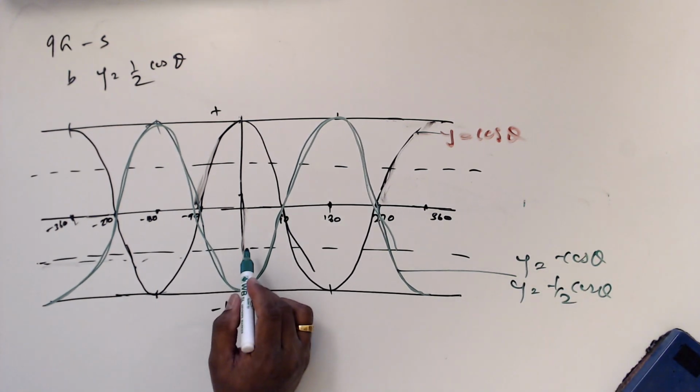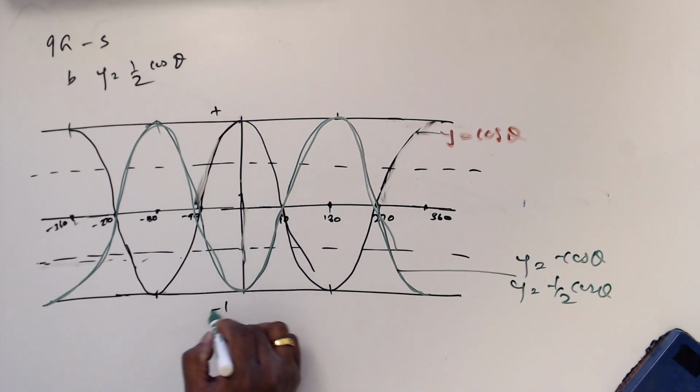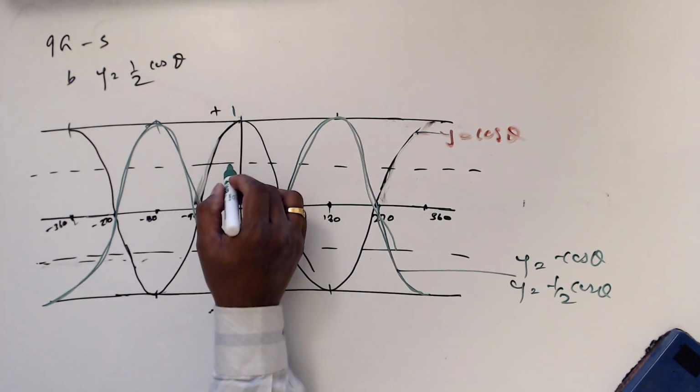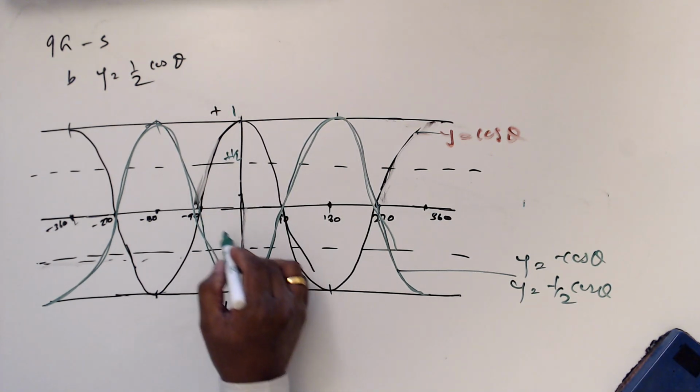It means I need to squeeze this graph like this. So this is minus 1, plus 1. Then this is plus half, this is minus half. Then the graph is going like this.